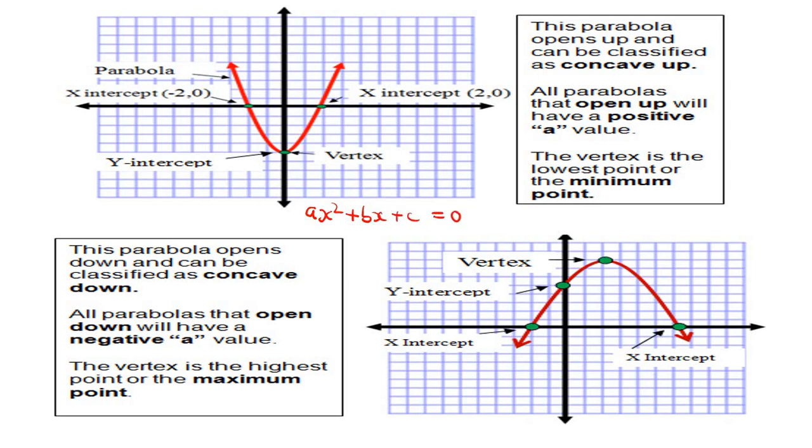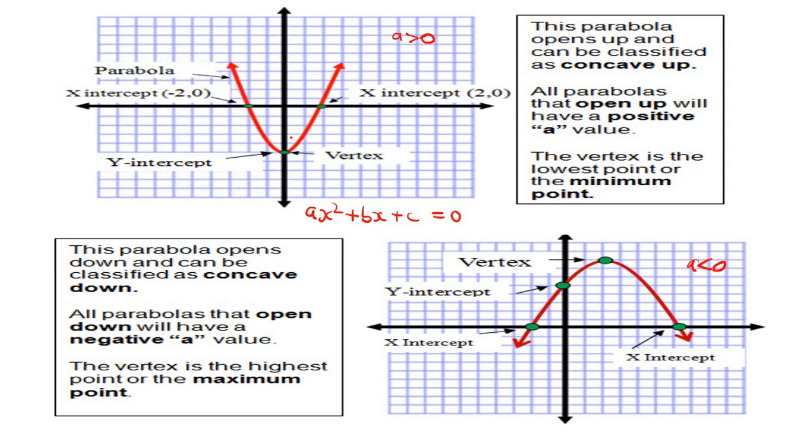If you have the concave up, it means that your a is positive. If you have the concave down, like we have it here, it tells that your a is negative.